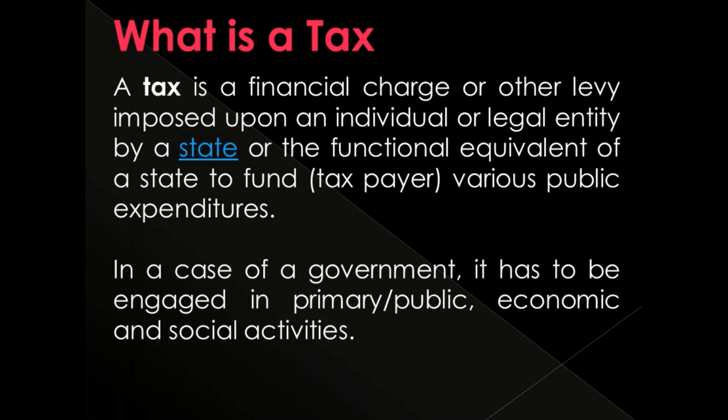Here they have categorized what the public expenditures are. The first category is primary or public activities, the second category is economic activities, and the third category is social activities. Now you have an understanding about a tax system and about a tax, and you know exactly what the government has to do for the public as well.